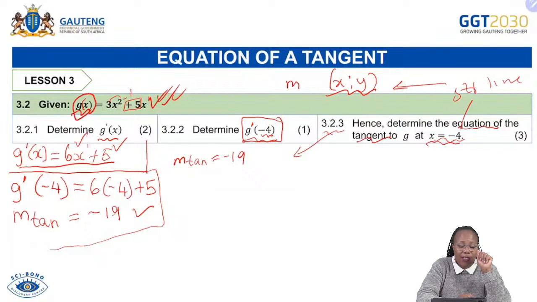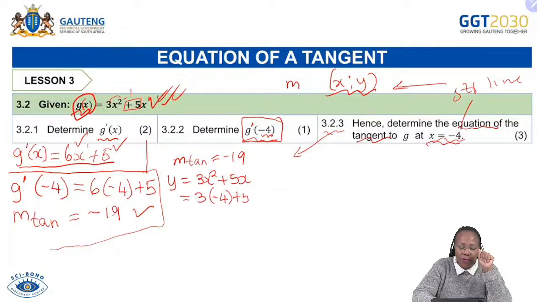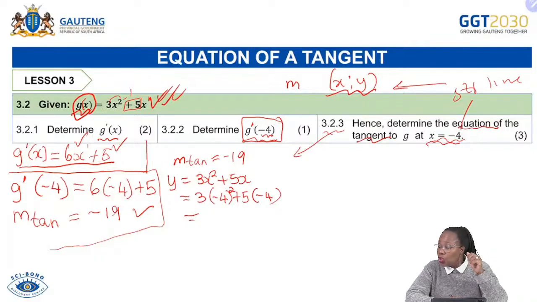Remember, g at x represents y, and this will be 3x squared plus 5x. We are now going to substitute an x with a minus 4 to get the y value. X is minus 4. And then into your calculator, remember there's a square there. Into your calculator, grade 12, straight to the answer.